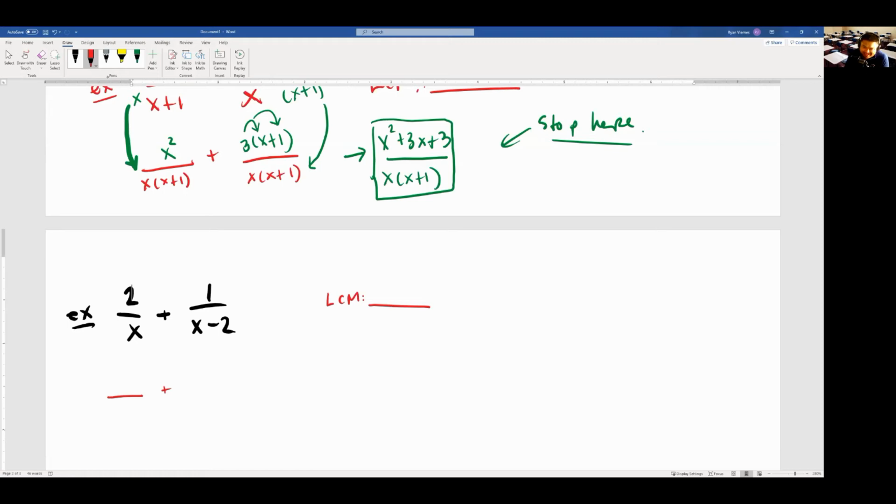No. At least common denominator. But LCM is fine. We're thinking of the kid in the candy store. He wants an X. He wants an X minus 2. He wants an X and an X minus 2. From then on, try to finish the problem.